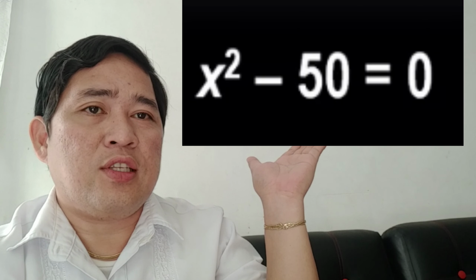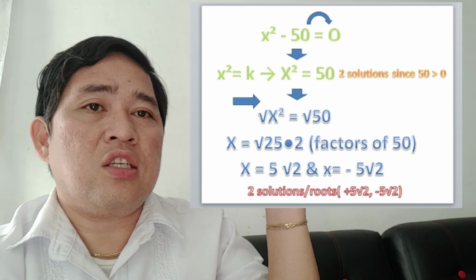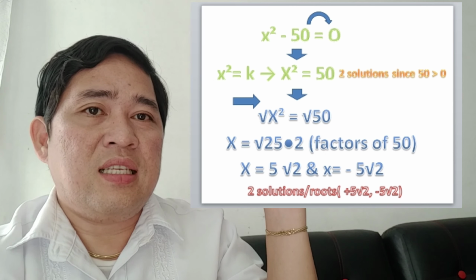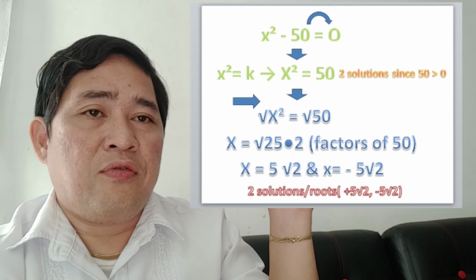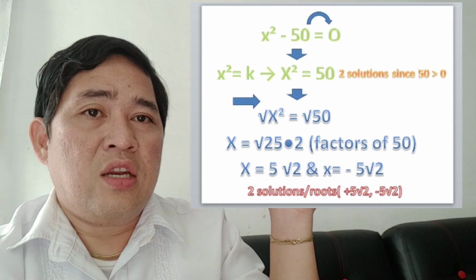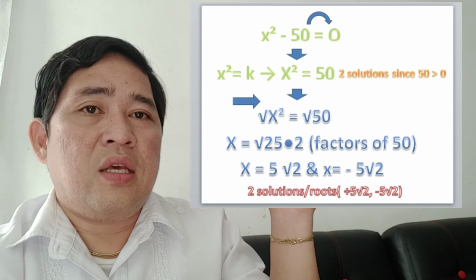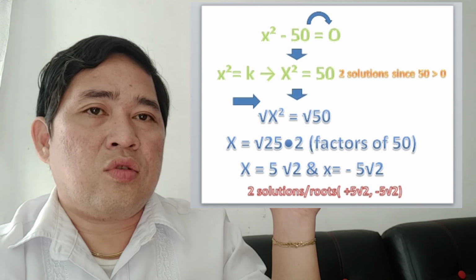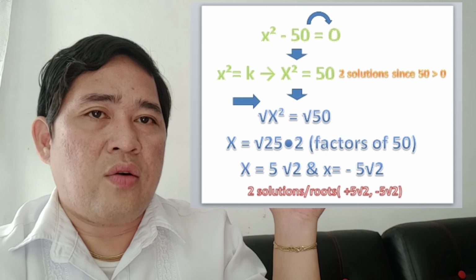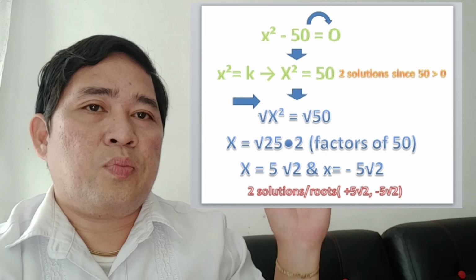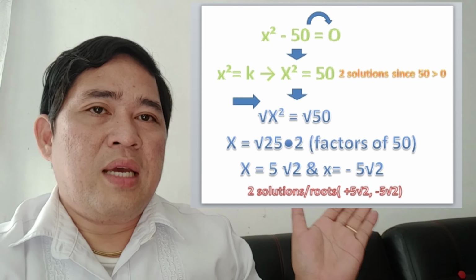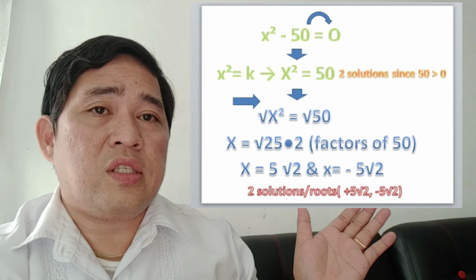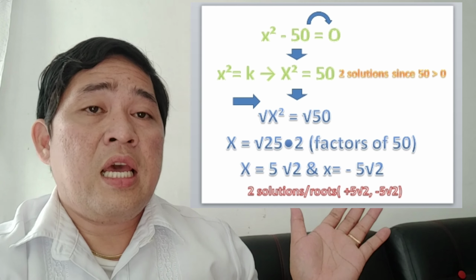First, you have to transpose the constant term to the other side. Since it is now in this form, you can use the radical sign to extract the square roots of both sides to produce this one. When you use extracting the square roots, we also have to consider the square root property.